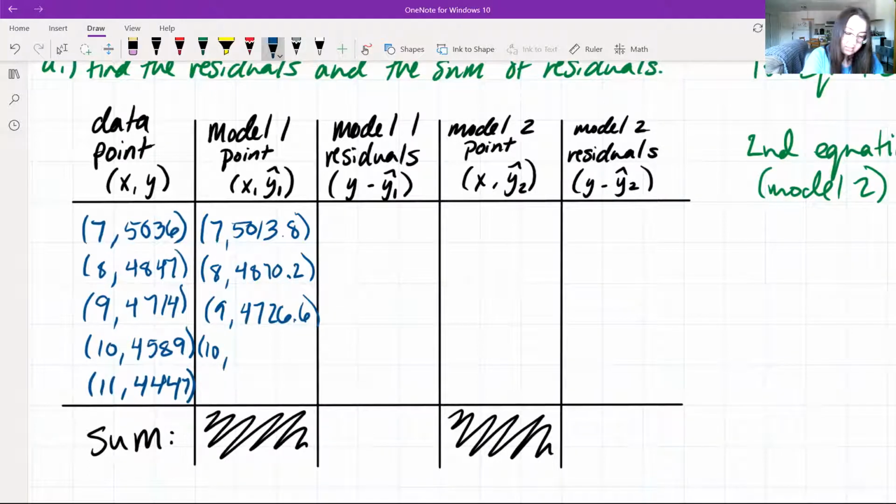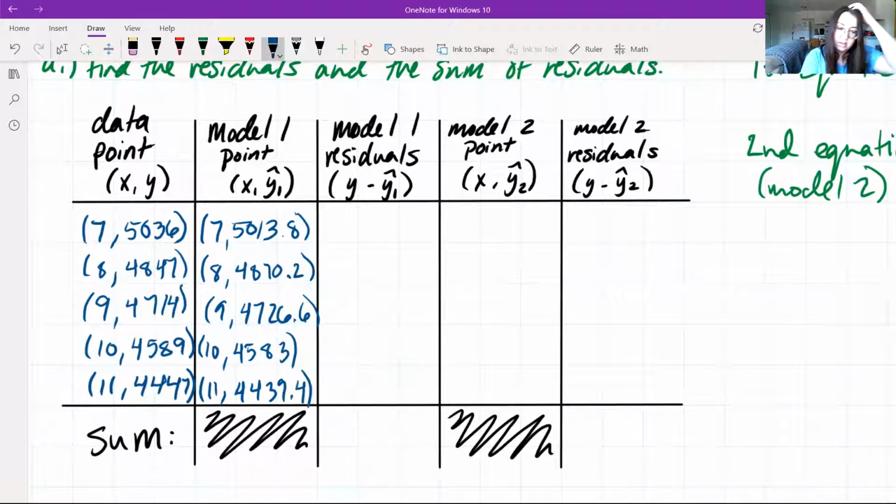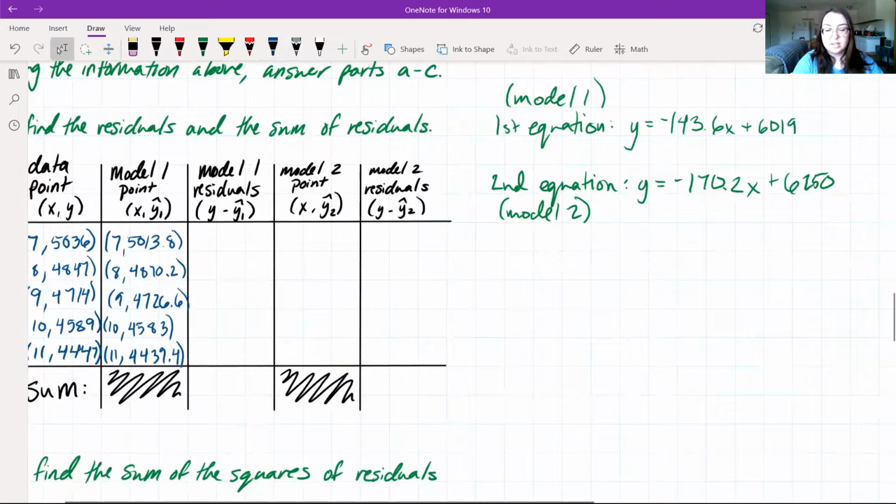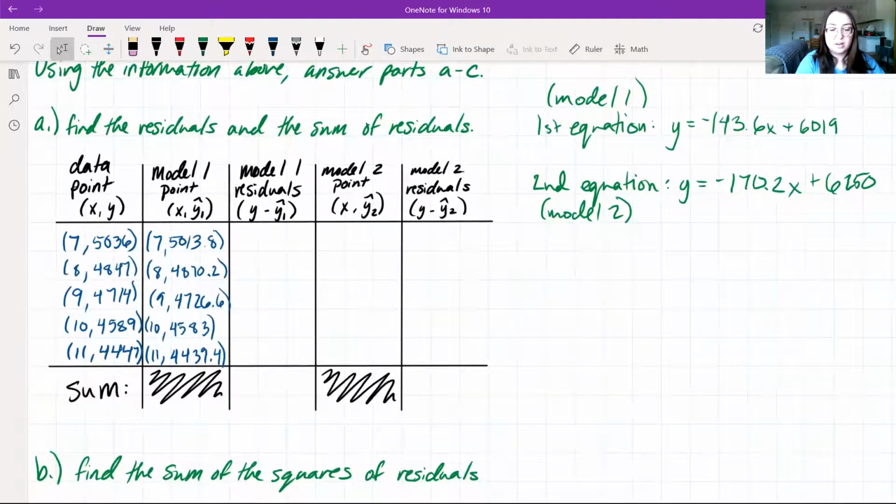Then 10, 4,583, and 11, 4,439.4. All right, so we found these values by plugging in our different values of x into our first equation there.